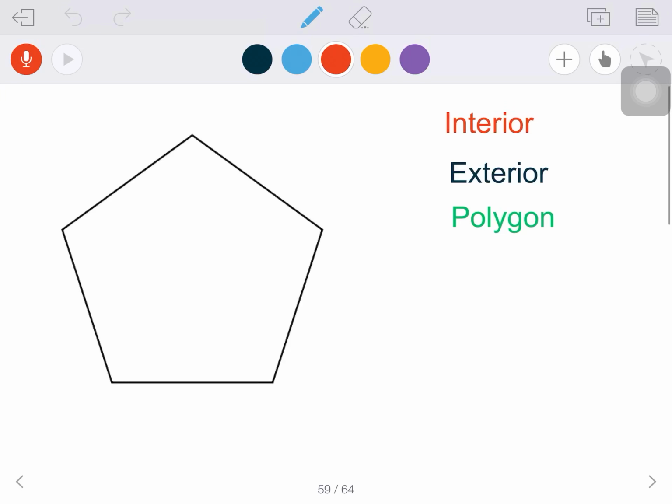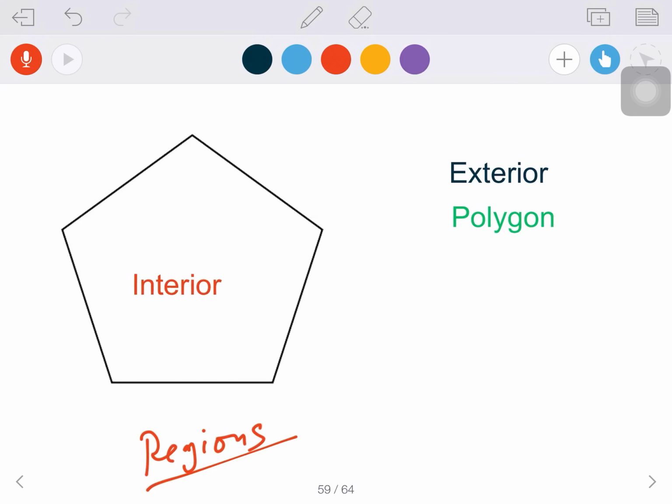Moving on. A polygon has regions. There are actually three regions in a polygon. The first one is, of course, the interior right here. And the exterior should be outside.